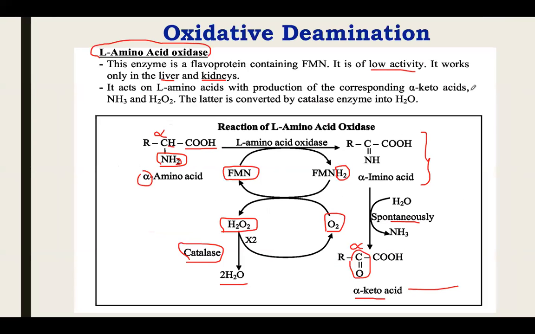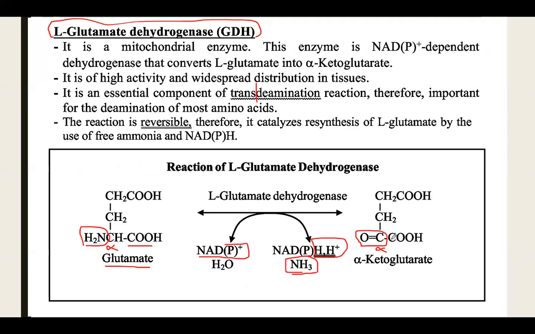The second is oxidative deamination, which is oxidation with removal of the amino group. Oxidation, as I said, means 2 hydrogen atoms are removed on a carrier, and then the amino group is liberated in the form of ammonia. So this is oxidation with deamination.